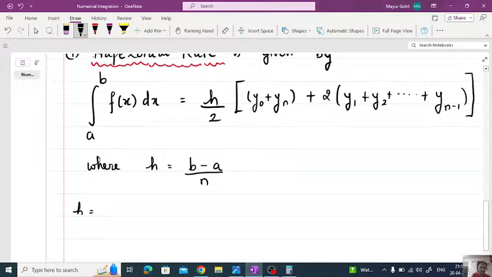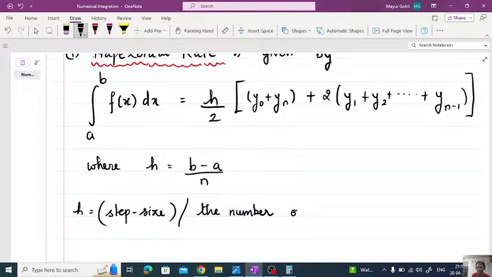H is called the step size, or it is also called the number of partitions of the intervals.